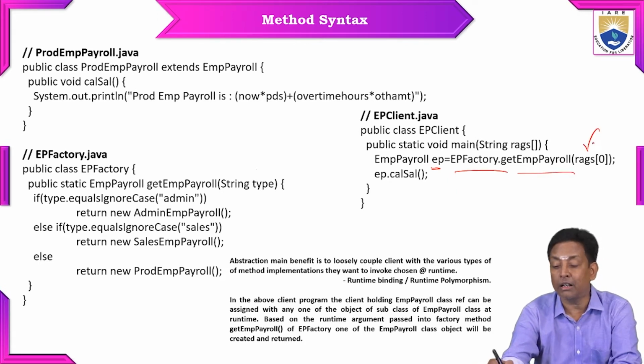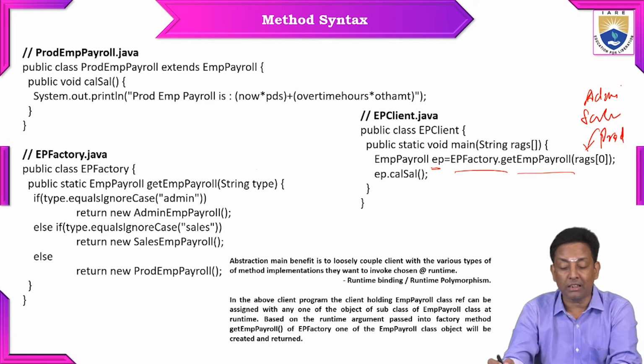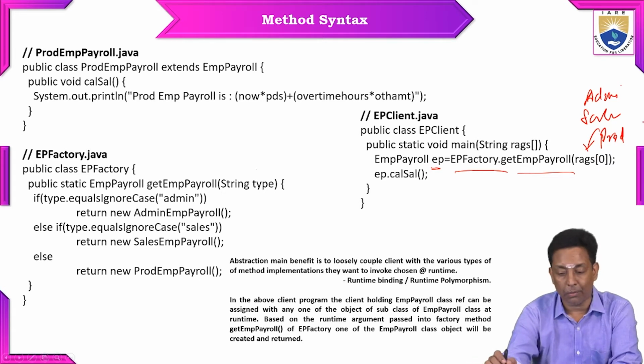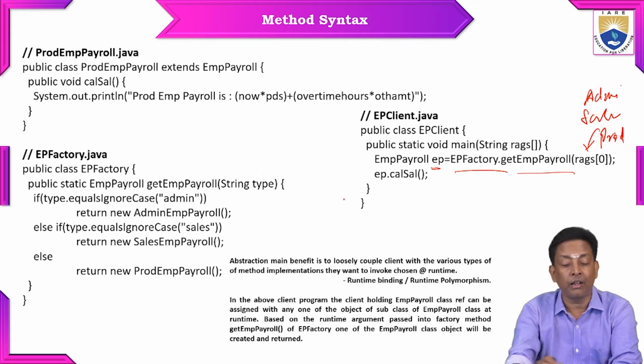And here I'm passing an argument of admin, sales, or production. If you pass any one of the employee type as an argument into this method, with capital letter or small letter or proper case or anything, here case will be ignored and only string will be compared. If it is admin, employee payroll class object will come. If you ask for sales, employee payroll class object will come.